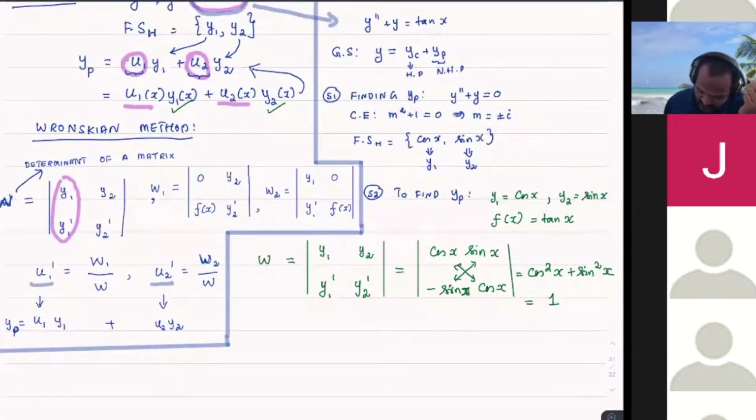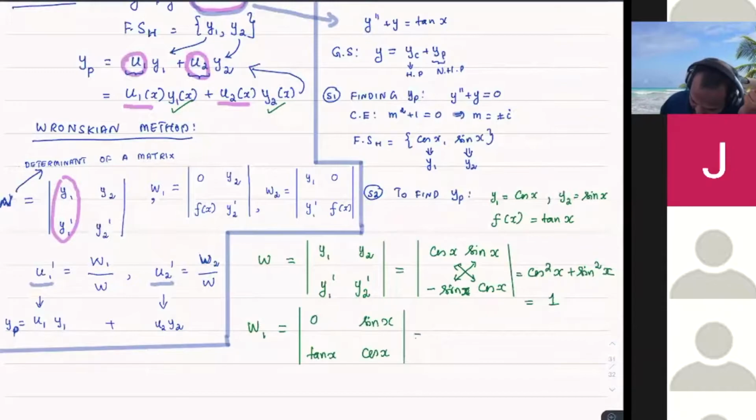Okay. The second part is I'm going to figure out the W1. Now I'm going to have a 0, and then f of x is tan x. I'm going to multiply that by what I have here, sine x and then cosine x.